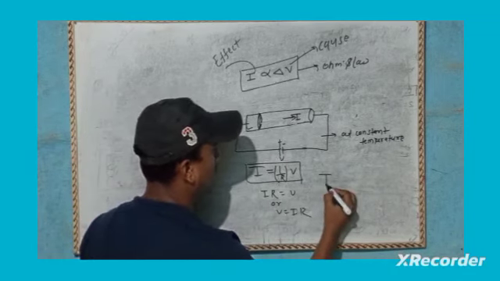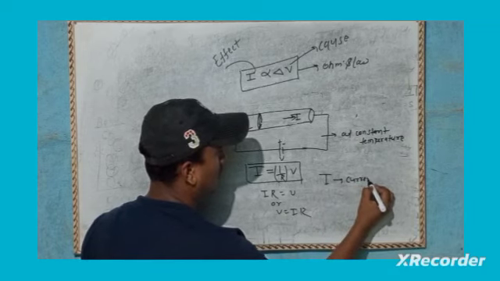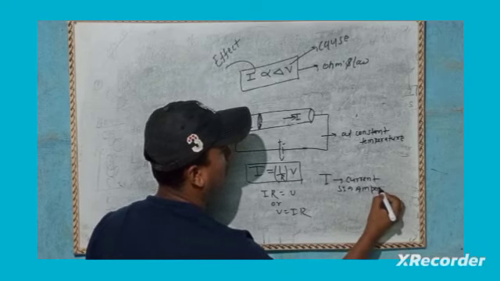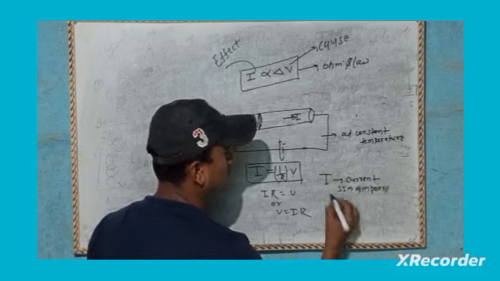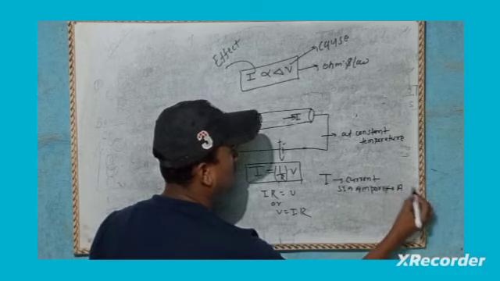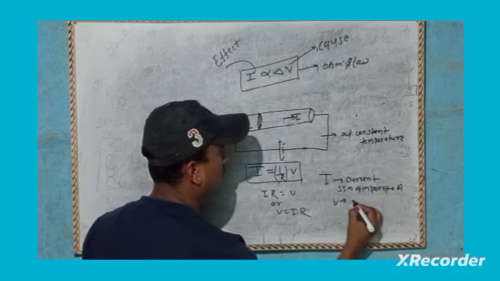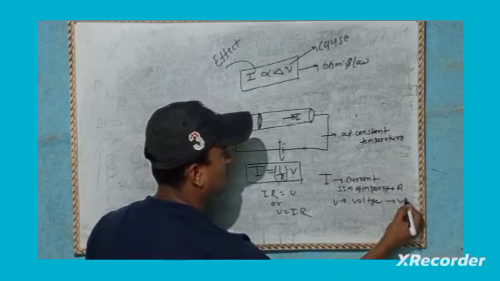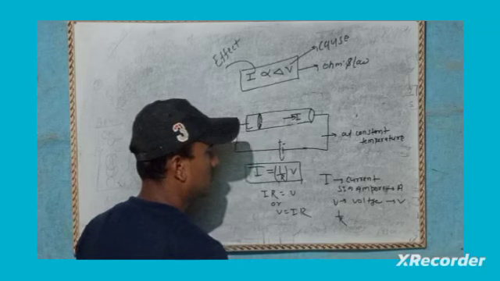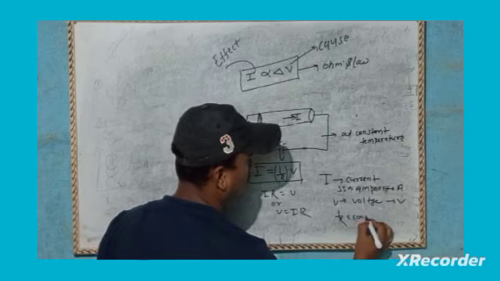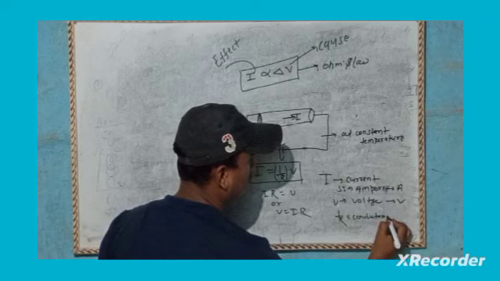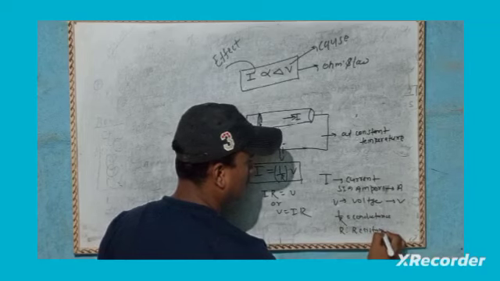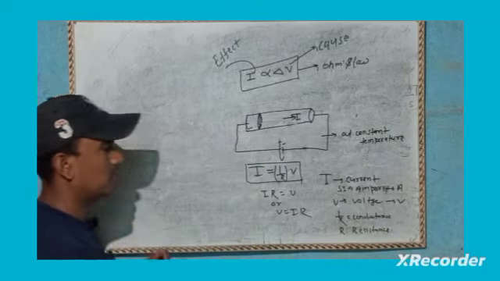I is nothing but current, with SI unit ampere, indicated by A. V is voltage. I by V, or 1 by R, is called conductance, and R is resistance. Yes or no?